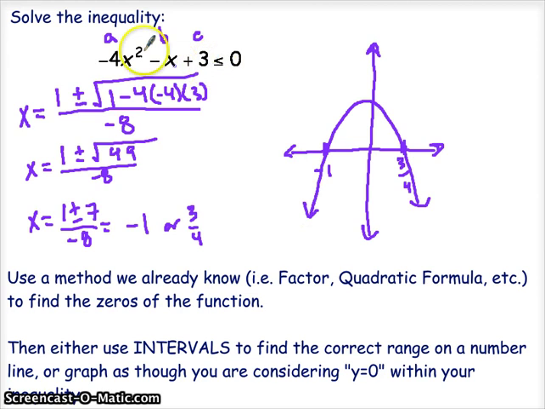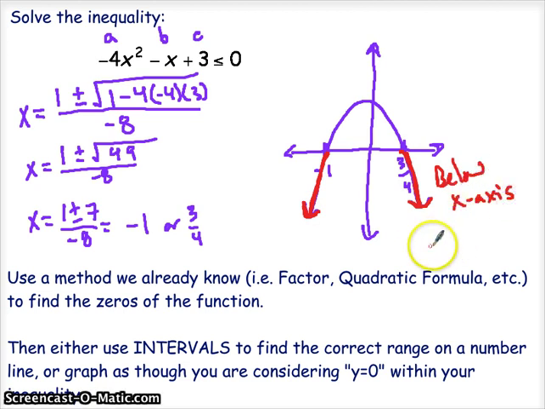Now, considering our inequality, we want our expression to be less than or equal to 0. So we really want to include everywhere that's below, note over here and over here, below the x-axis.